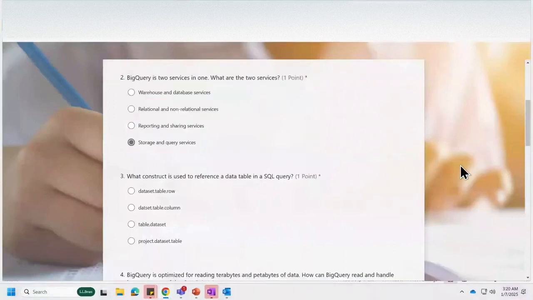What construct is used to reference a table in a SQL query? Hold on, don't tell me.